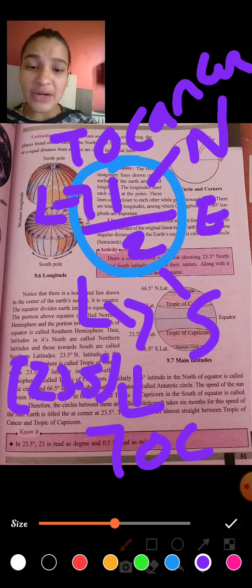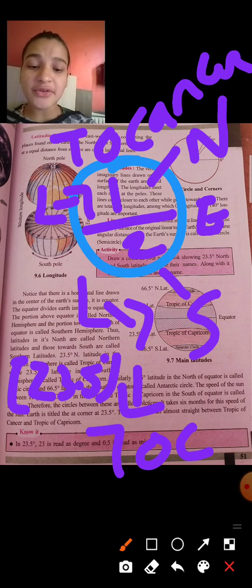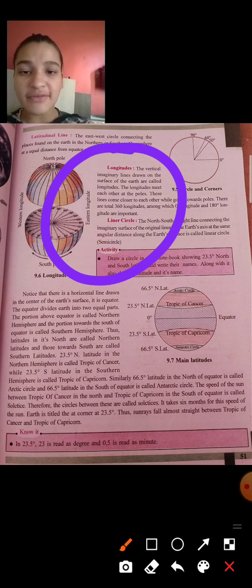Okay, so now let's move further. I hope you all understood, and it is at 23.5 degrees. Now similarly, the 66.5 latitude in the north of the equator is called the Arctic Circle. So here we have seen that one circle is there, right? The equator, Tropic of Cancer, Tropic of Capricorn, and the degree here is 23.5.